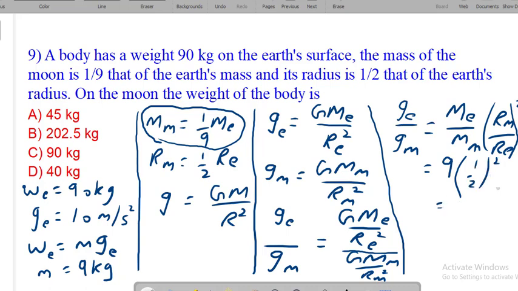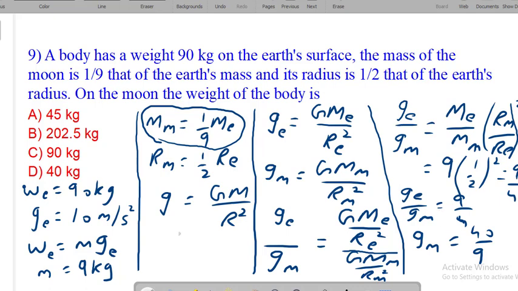So what we get is 9 by 4. So GE upon GM is 9 by 4, but GE is 10. So we calculate from here. We get GM is 40 by 9. We can just cross multiply, substitute the value of GE as 10. So 10 4s are 40, divided by 9.